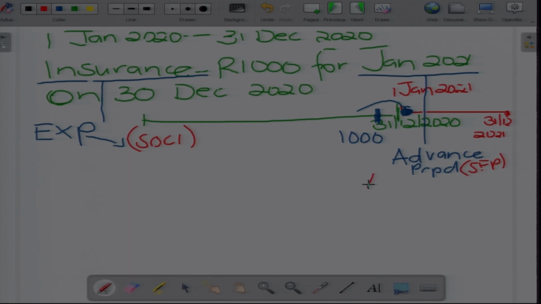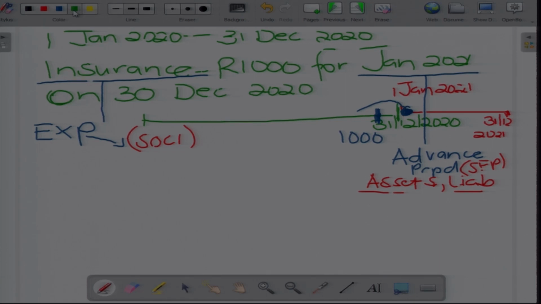You get your assets, and you get your liabilities, and you get your equity, but with adjustments, it never affects equity. Sorry. So I must now determine under which section it will go. Will it go under assets or will it go under liabilities? And this is how you do that.